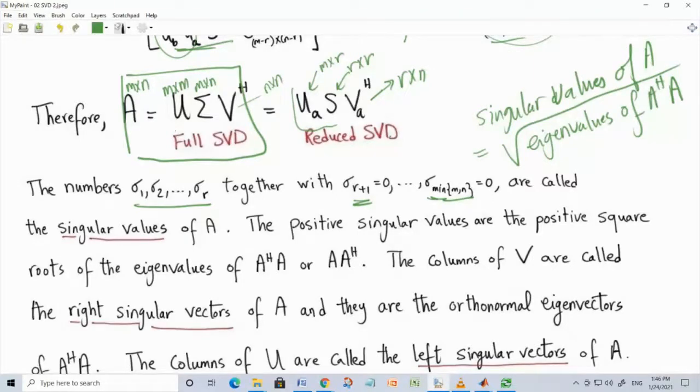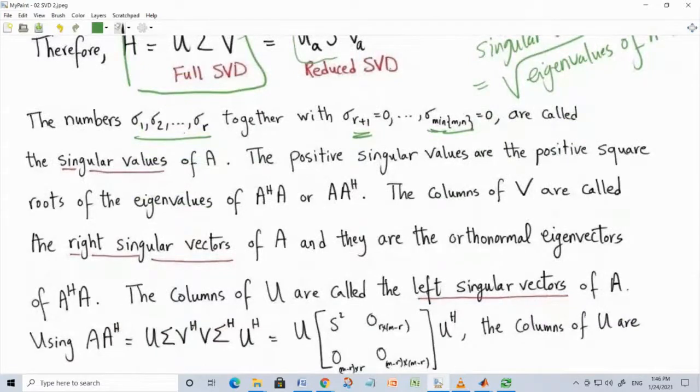It's no longer like in eigen analysis, where we have the matrix on one side and the inverse of the matrix on the other side. Now we have actually two matrices, so the matrix V is the matrix of the right singular vectors, and the matrix U is the matrix of the left singular vectors.